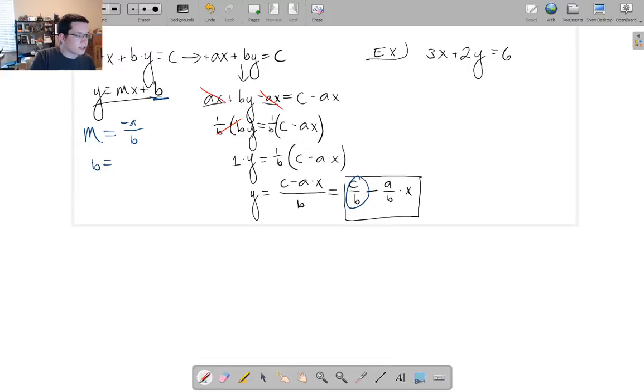Let's actually change it because it's bothering me. We'll say it's smiley face. Smiley face is equal to c over b.